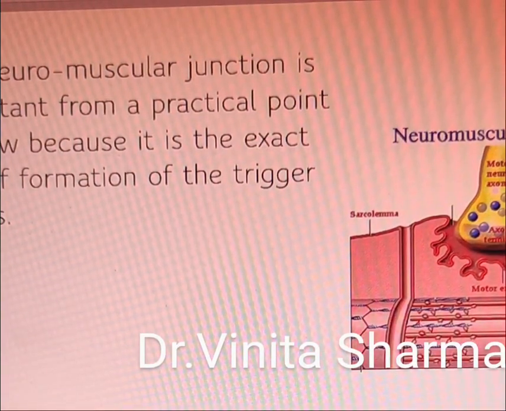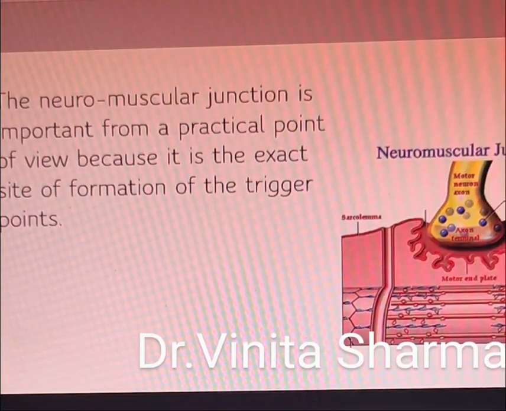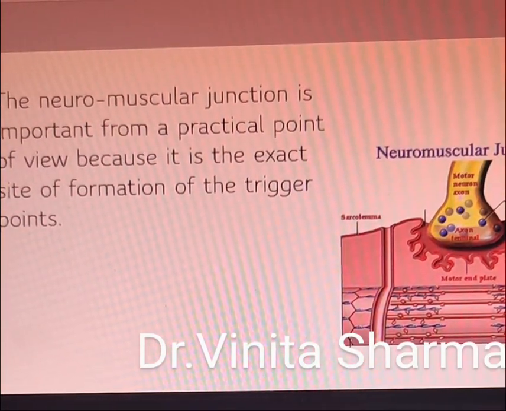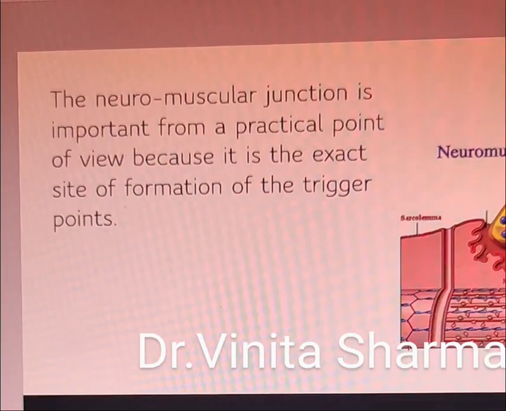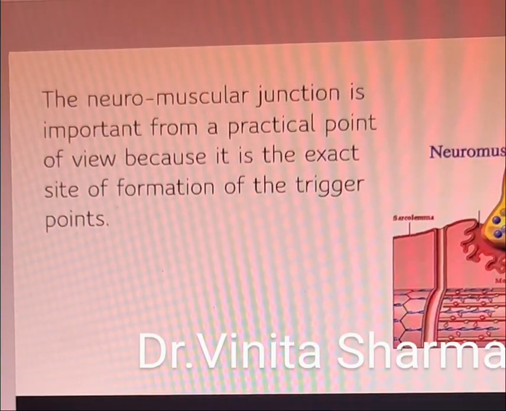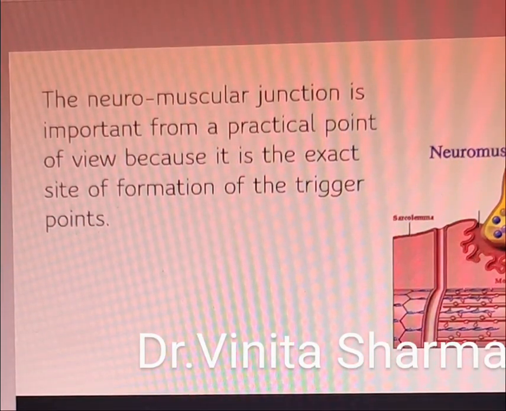So at the muscle end plate acetylcholine is released, and that triggers signals to the brain, and we perceive the pain. So the neuromuscular junction is important from a practical point of view because it is the exact site where the trigger points are formed.